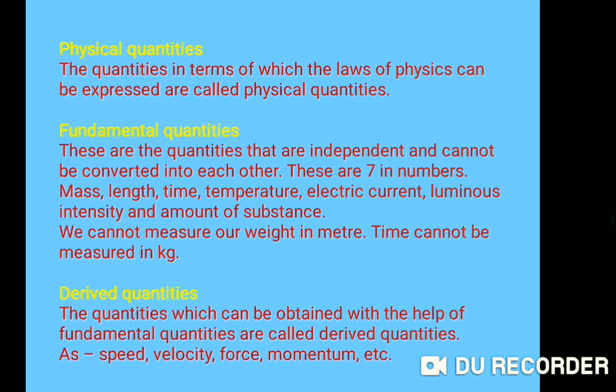Second, derived quantities. The quantities which can be obtained with the help of fundamental quantities are called derived quantities. For example, speed. What is the formula of speed? The general formula of speed is distance by time. Yes, distance is measured in meter, kilometer, miles.